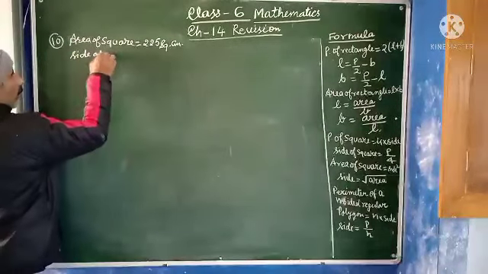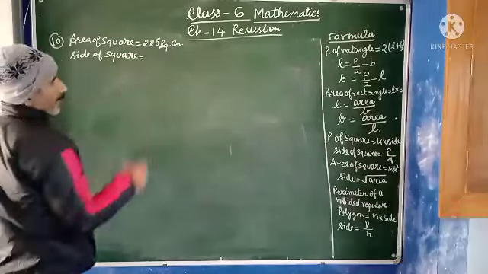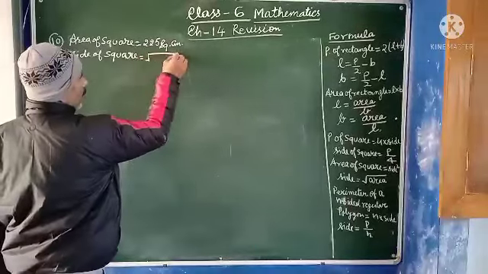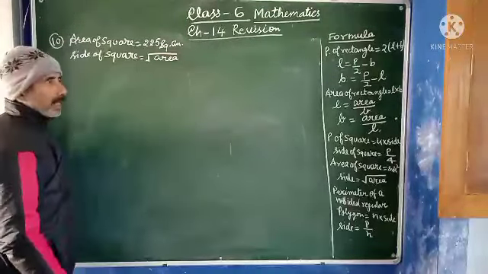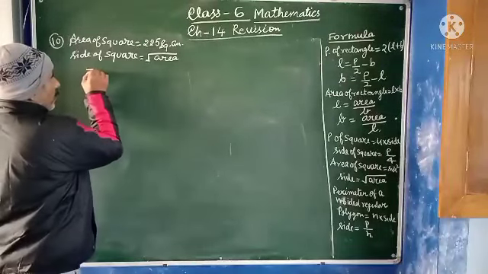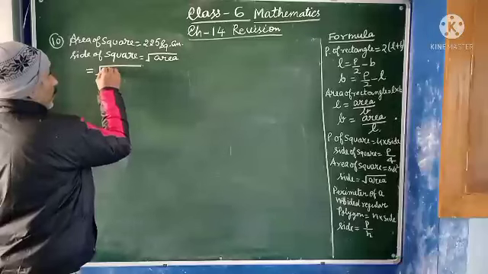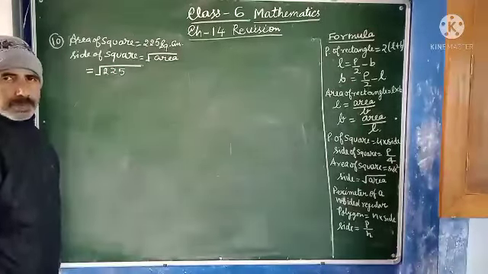So please write the formula I said. Side of square is equal to under root area. Now you will substitute the value, under root 225, as the area is given 225.